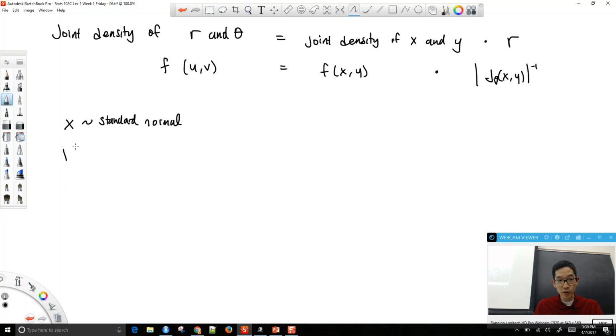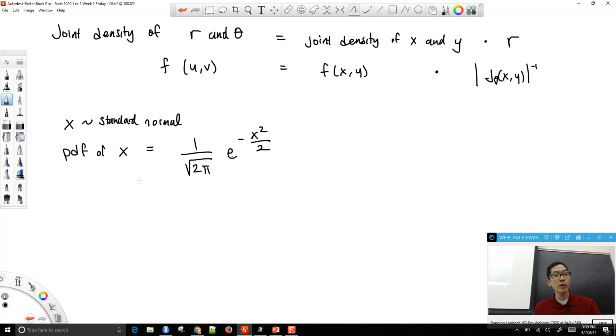So the PDF of x is going to be 1 over root 2 pi e to the negative x squared over 2. Okay, so this is the PDF of x.